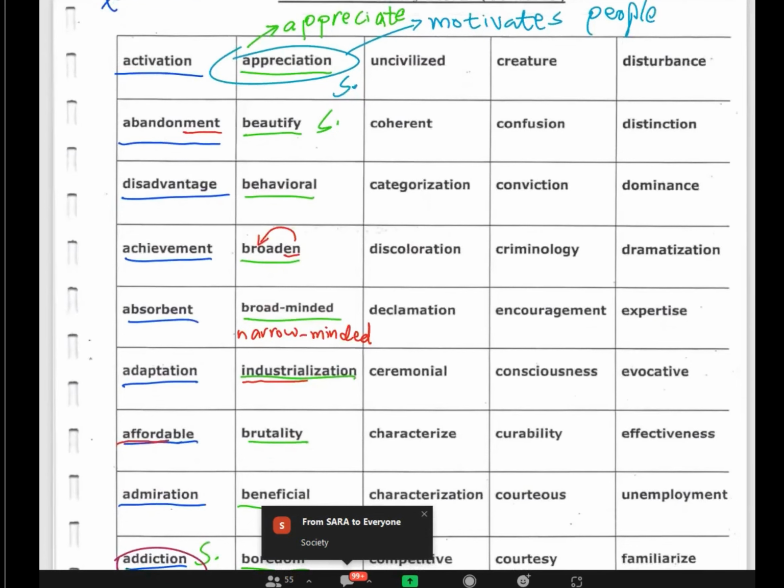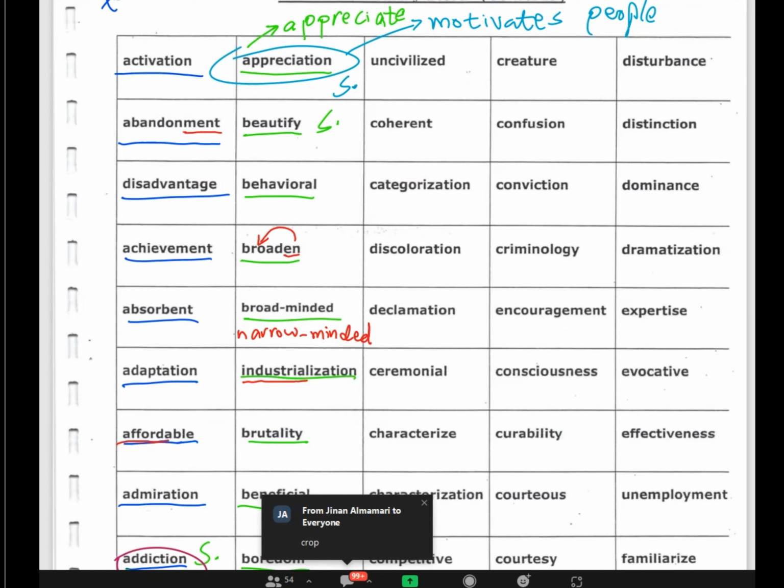A society that has development, its own culture, civility, history.